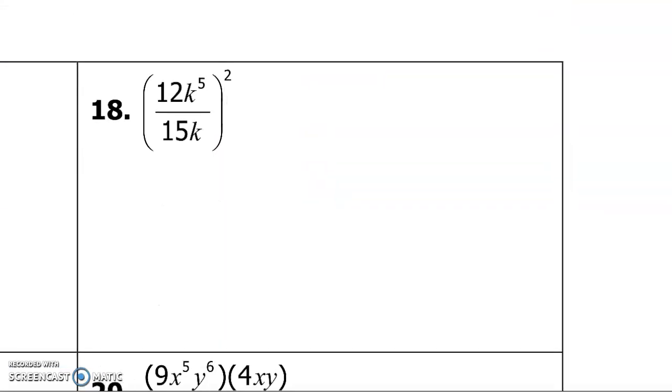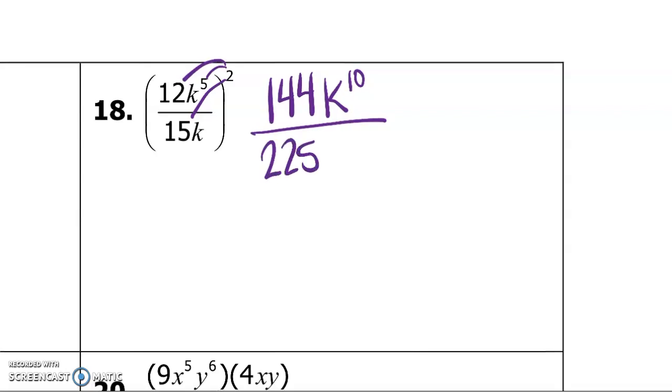18, when you have a fraction to an exponent, you still do each thing separately. So 12 squared is 144. Multiply to get k to the 10th. Over. Same thing on the bottom. 15 squared is 225. K squared.